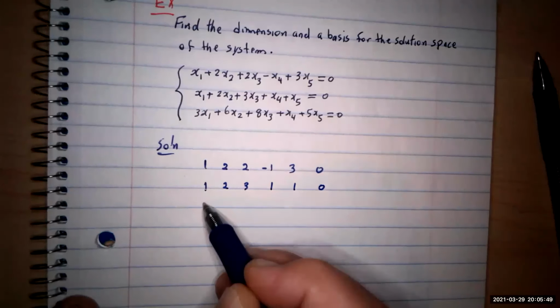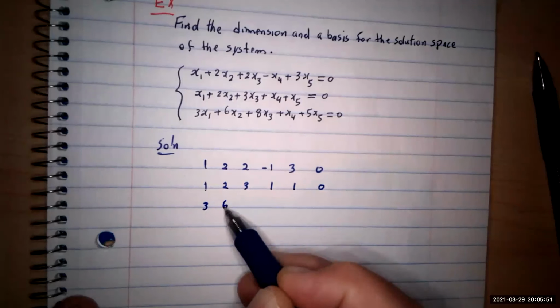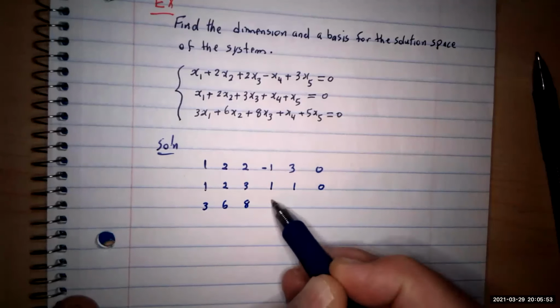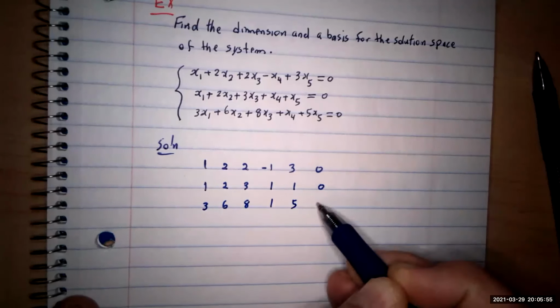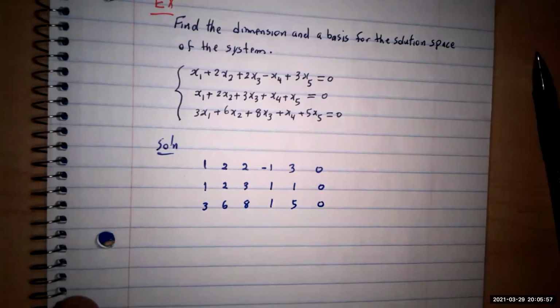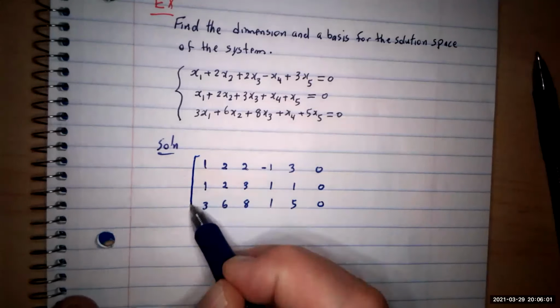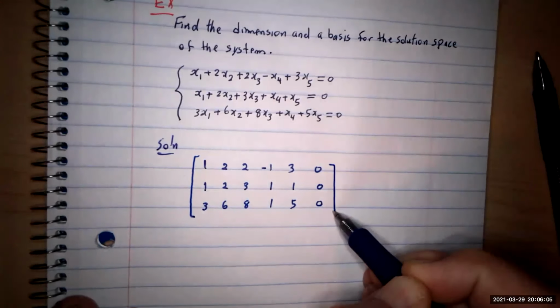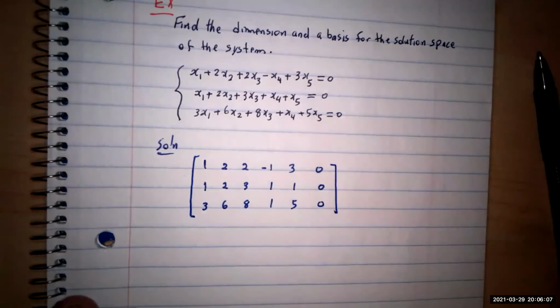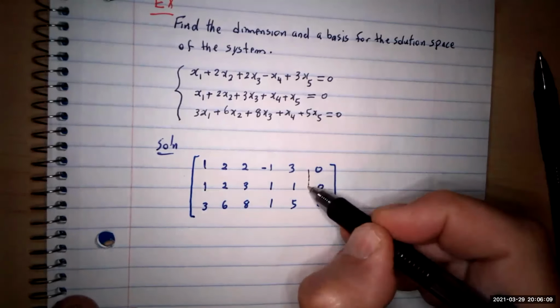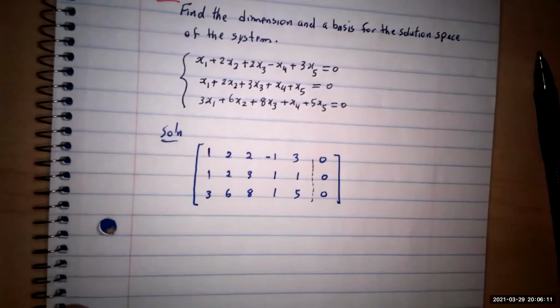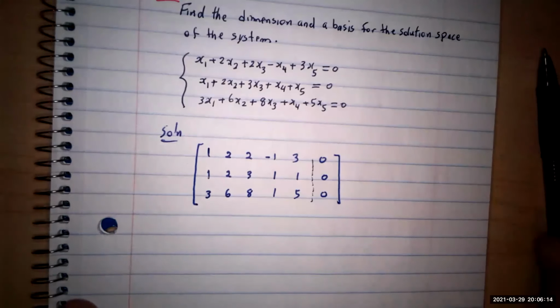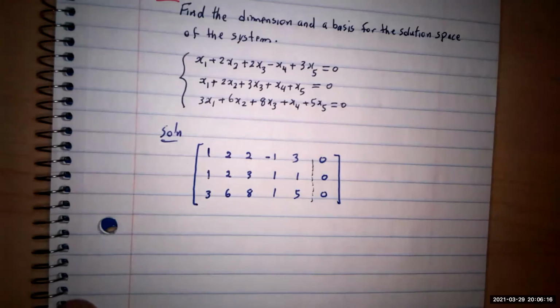The third equation is 3, 6, 8, 1, 5, and 0. So this is your augmented matrix. As usual, we try to change it to row echelon form.